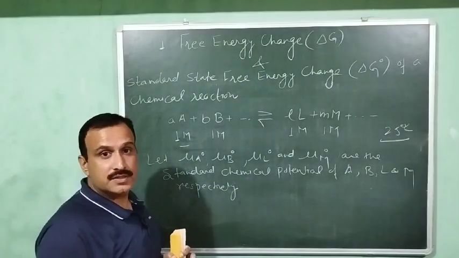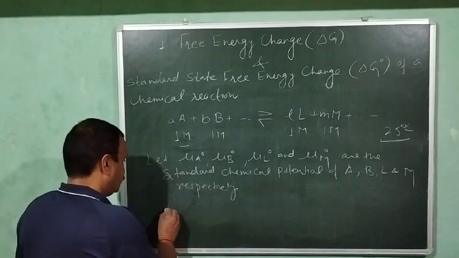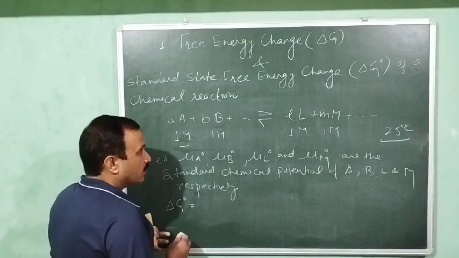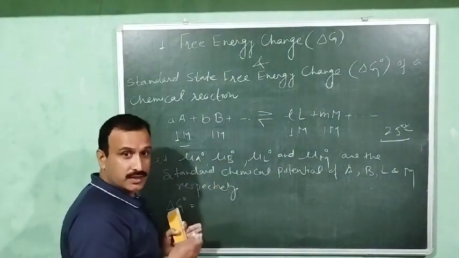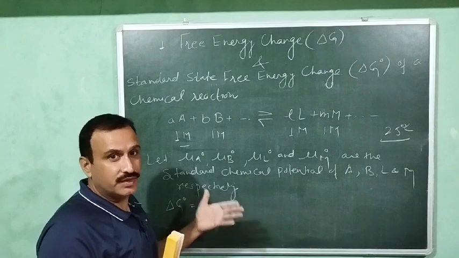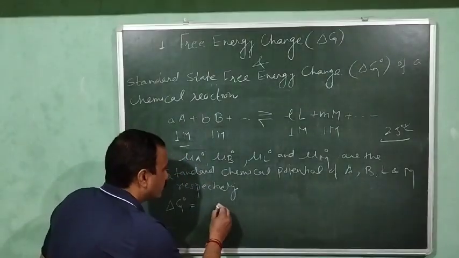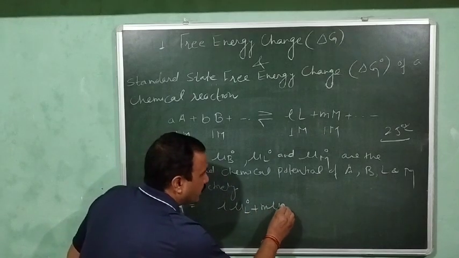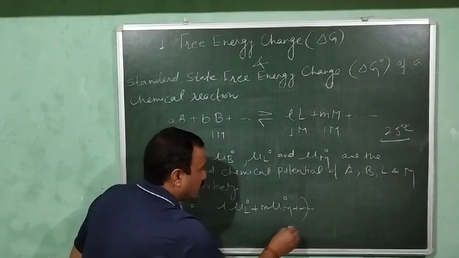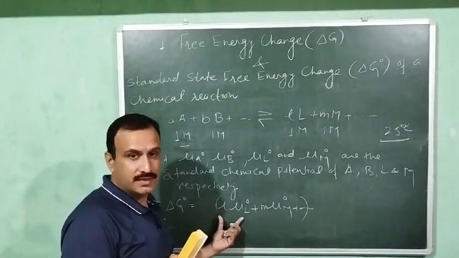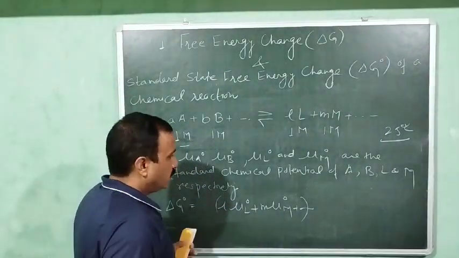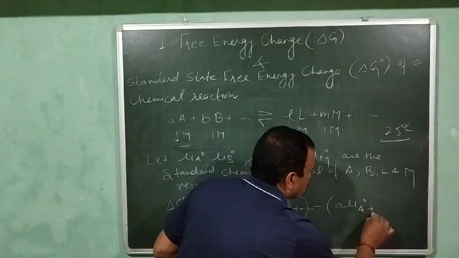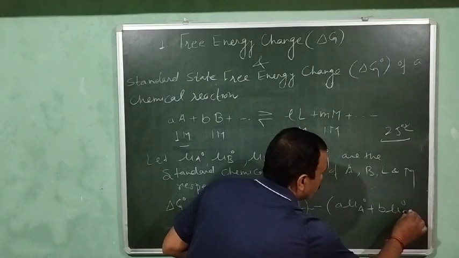Then the standard state free energy change of this reaction, that is delta G naught, will be equal to the standard state free energy of products minus the standard state free energy of the reactants. It will be equal to L into mu L naught plus M into mu M naught, because this will be the total standard state free energy of the products, minus A into mu A naught plus B into mu B naught.